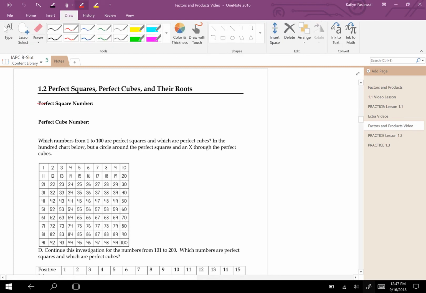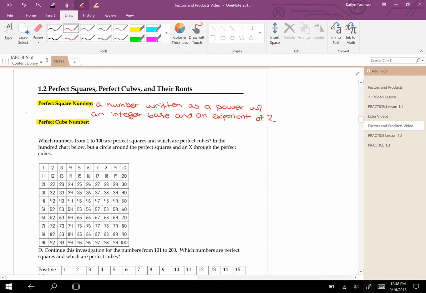Whenever we have a definition, always highlight the definition so that if we need to reference a term, it's easy to find on the page. So we have a perfect square number. A number written as a power with an integer base and an exponent of 2.